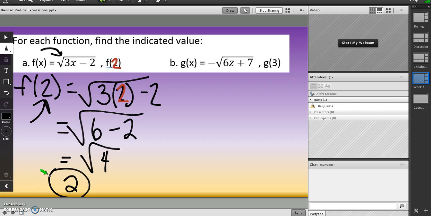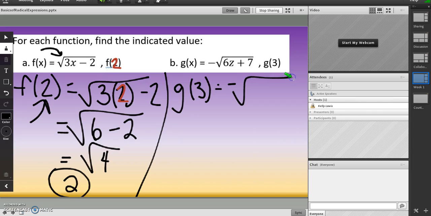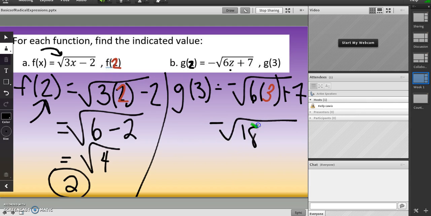All right, let's do this one over here. G of 3 means that everywhere there's a z, oh, this needs to be a z, sorry, we're going to substitute 3. So 6 times 3 is 18, plus 7. 18 plus 7 is 25.